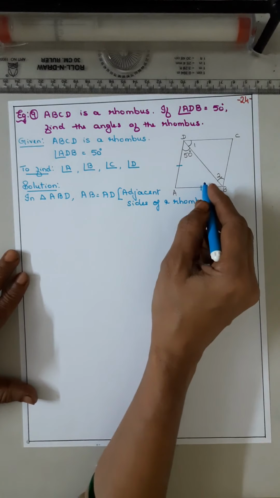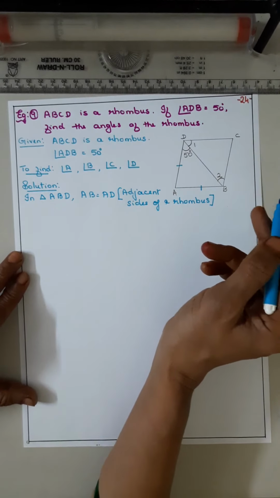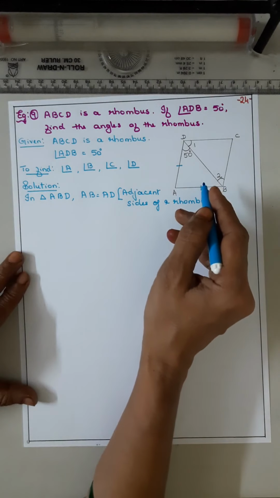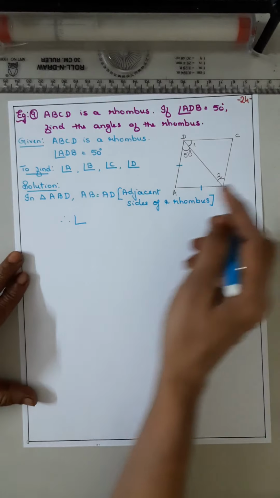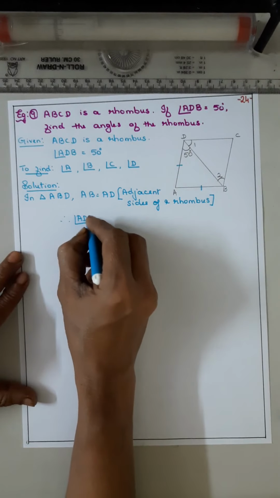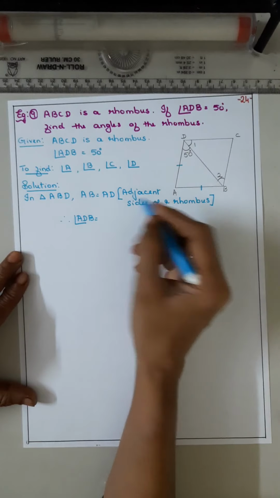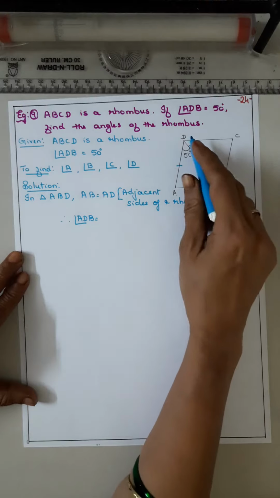Now when these two sides are equal, the angles opposite to them should also be equal. So, angle opposite to AB is which one? ADB. Opposite to AD is which one? ABD.